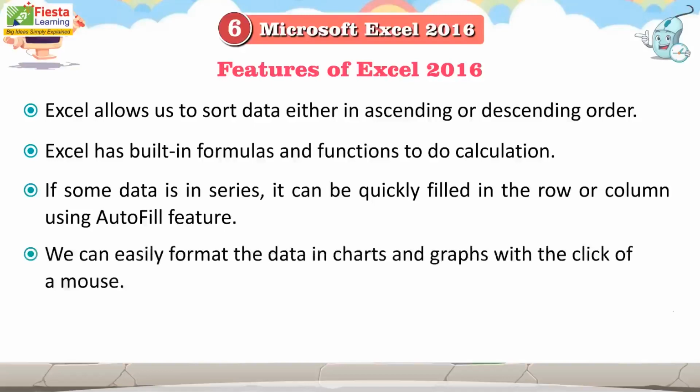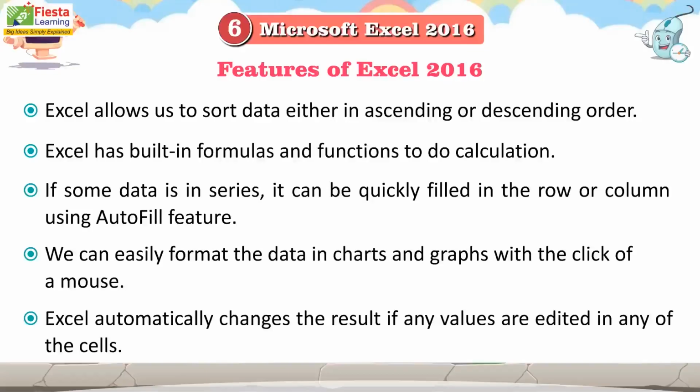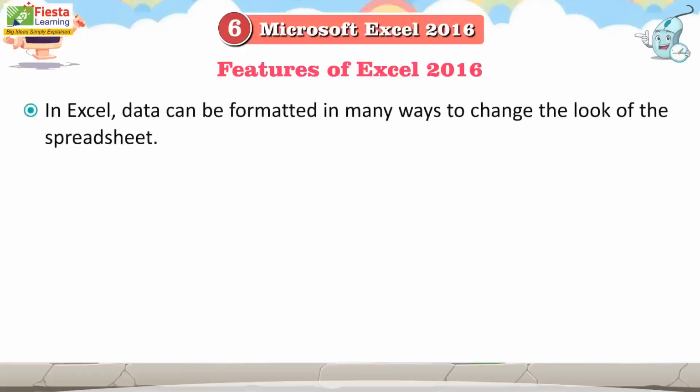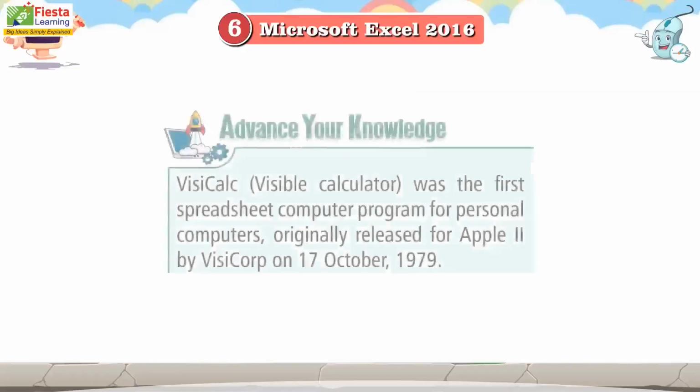We can easily format the data in charts and graphs with the click of a mouse. Excel automatically changes the result if any values are edited in any of the cells. In Excel, data can be formatted in many ways to change the look of the spreadsheet.